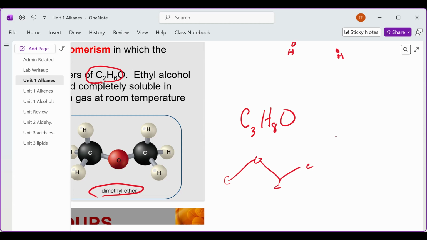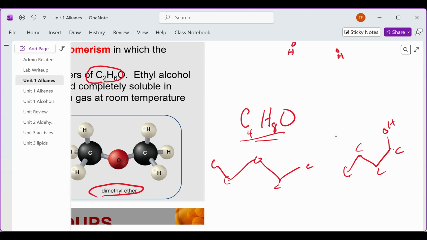You can also write it like this. So we have 1, 2, 3, 1, 2, 3, 4, and then 1, 2, 3, 4 as well. Now, both those are legal Lewis structures for this formula.